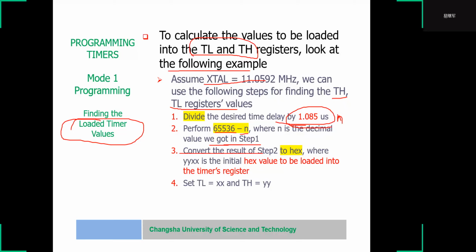Convert the value to hex, and divide the value into TL and TH. So we can get the loaded value.